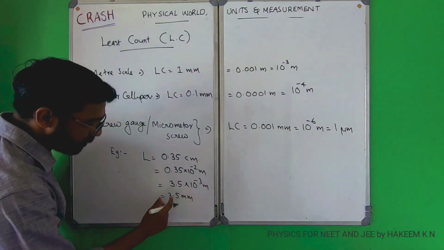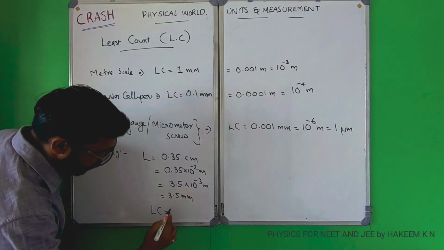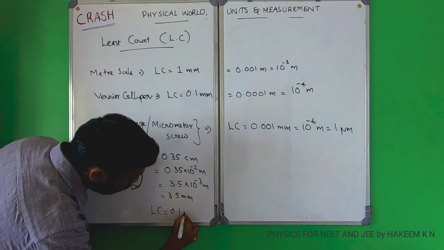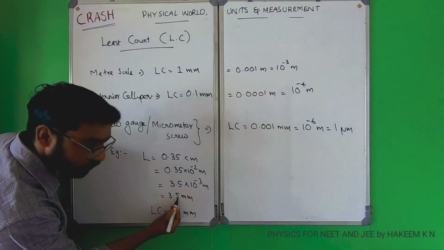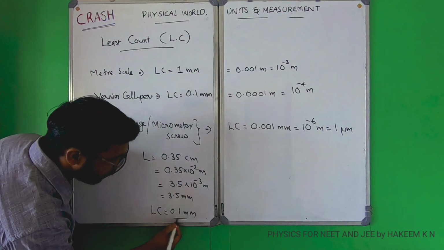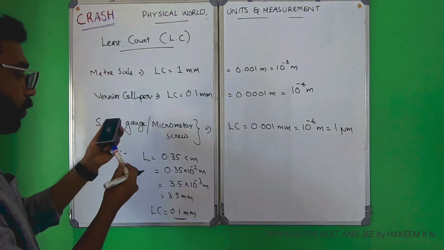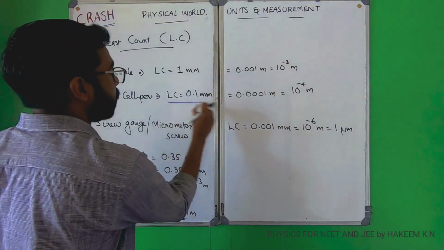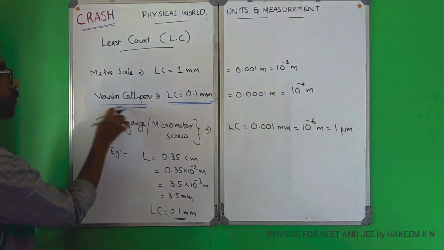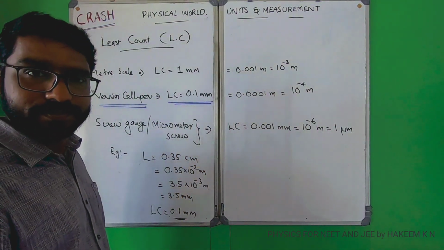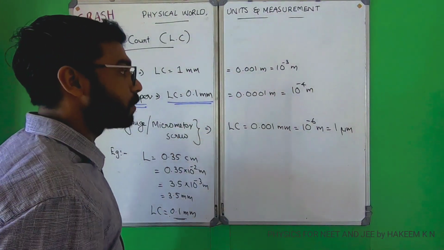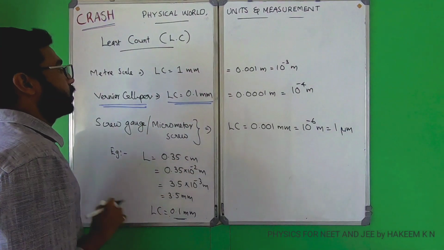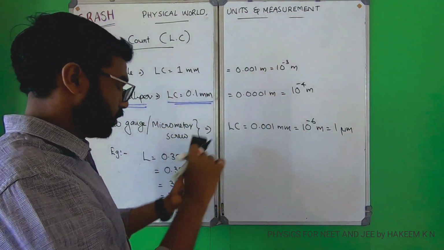So its least count is 0.1 millimeter. Here 1 decimal. So 0.1 millimeter is the least count, which is possessed by Vernier calipers. So from the data given in the measurement, we have to understand the device used for the measurement.